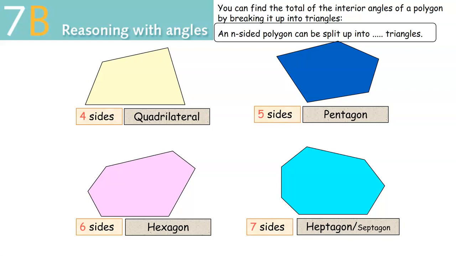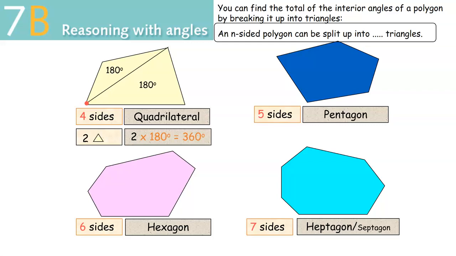Now, our quadrilateral, we can chop it up into 2 triangles. Each triangle, we know how many degrees are in a triangle? 180. So a quadrilateral has 2 times 180, which is 360 degrees. We looked at that one last lesson. How about a pentagon though? What we can do is chop a pentagon up into 3 triangles. Each of those triangles has got 180 degrees in it.